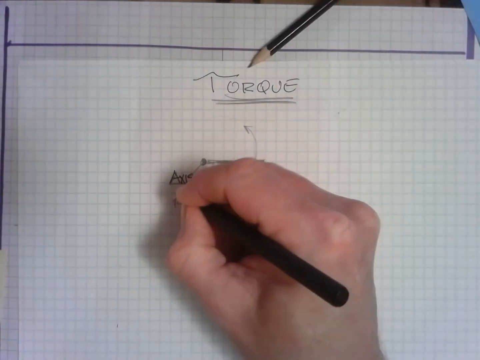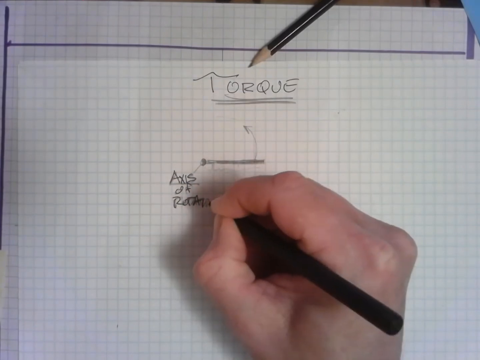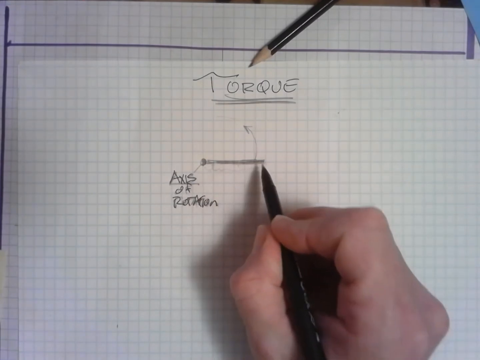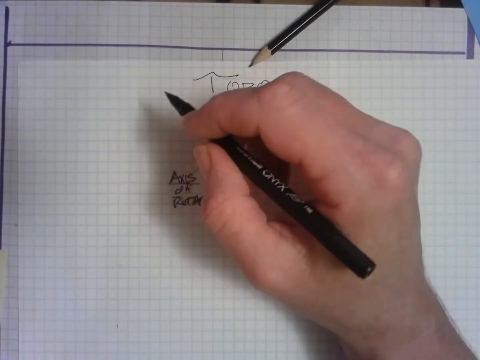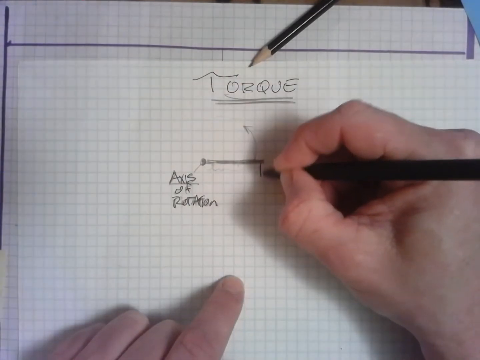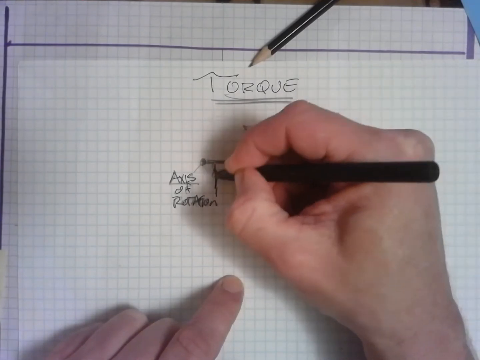Axis of rotation. You get the idea. You want to push as far away as you can to get the maximum torque. So pushing with a little force here can do the same thing as pushing with a very large force here.